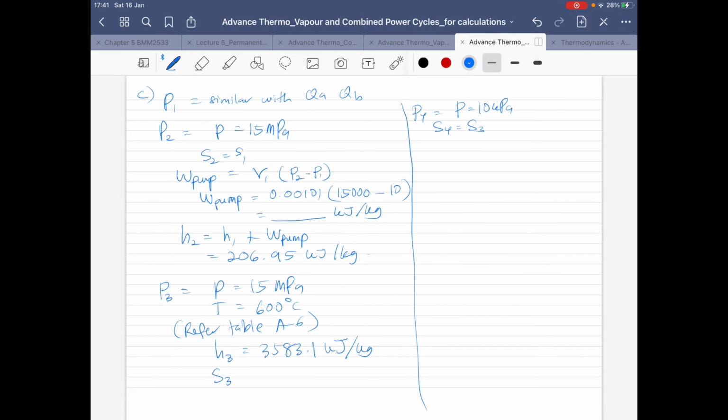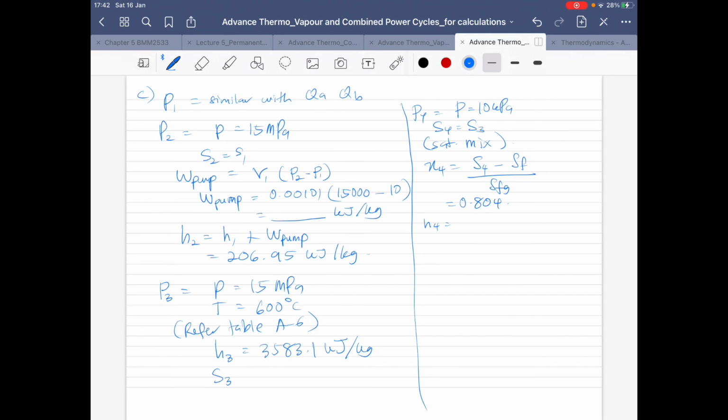Then because it is a saturated mixture, we have to calculate for the mixture at point 4. So the quality at point 4 is equal to entropy at point 4 minus entropy of fluid, over entropy for fluid and gas, the mixture of liquid and steam. So finally we get the value of X4 as 0.804.